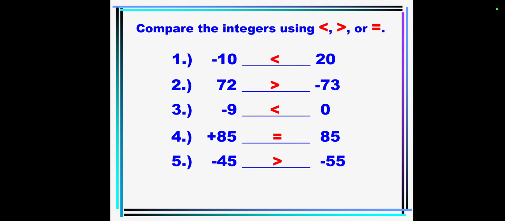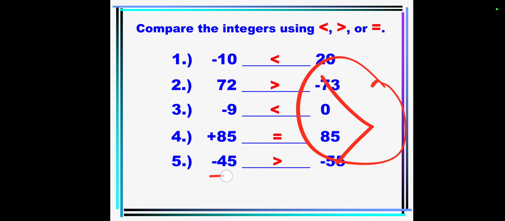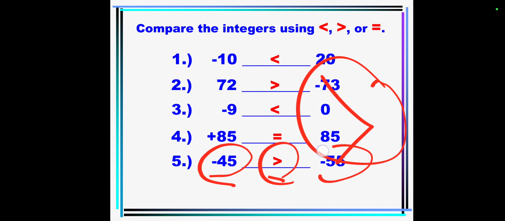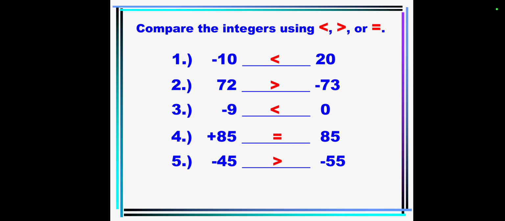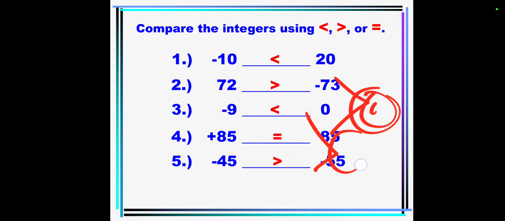Always remember the greater than symbol: the side you would eat, the open mouth, is the bigger number, and the side that the arrow points to is the lesser one.